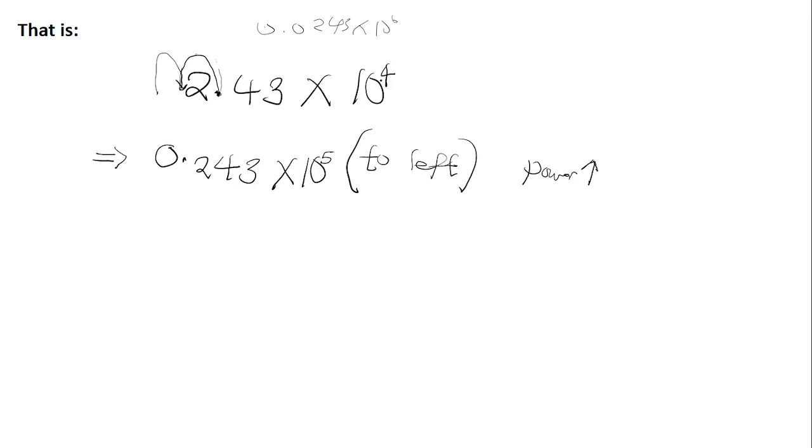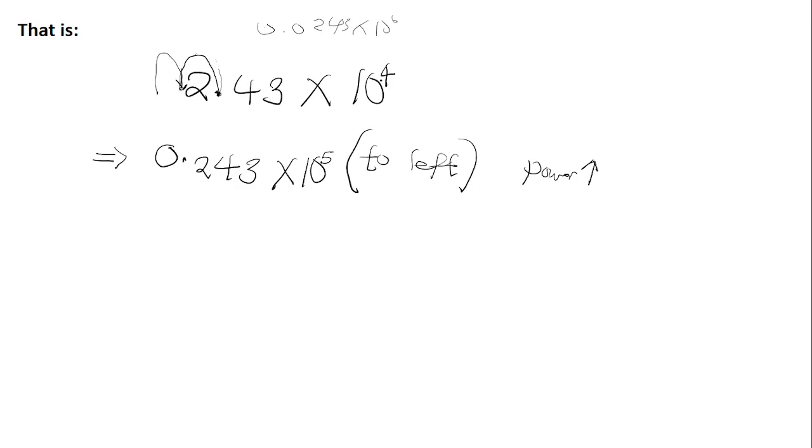Now, I'm sure you can guess that the opposite is going to happen when the decimal point moves to the right. Let me just write this number again, 2.43 times 10 to the power 4.